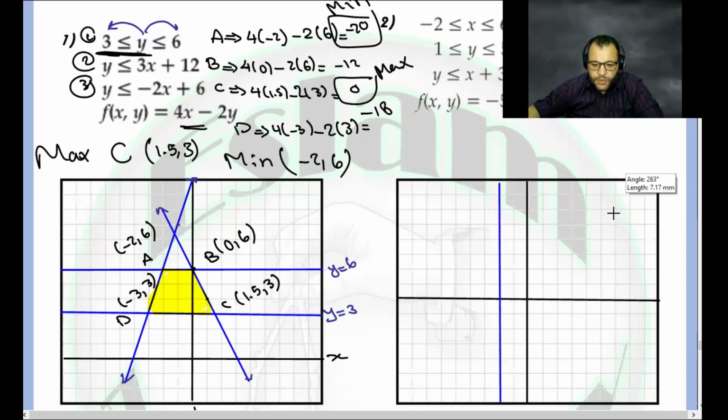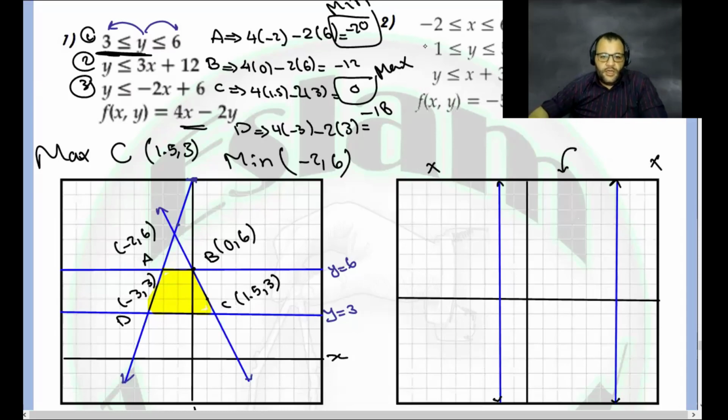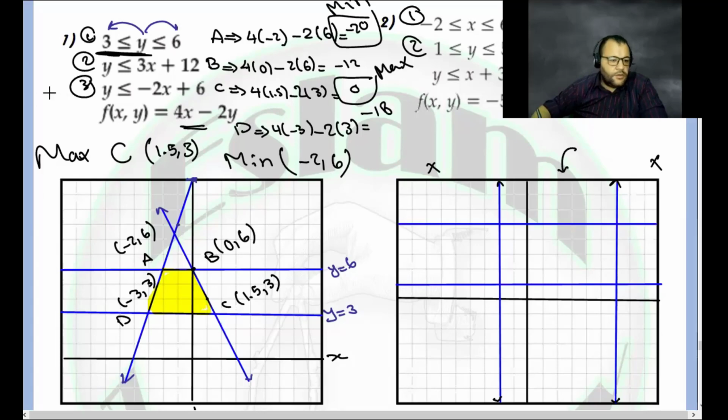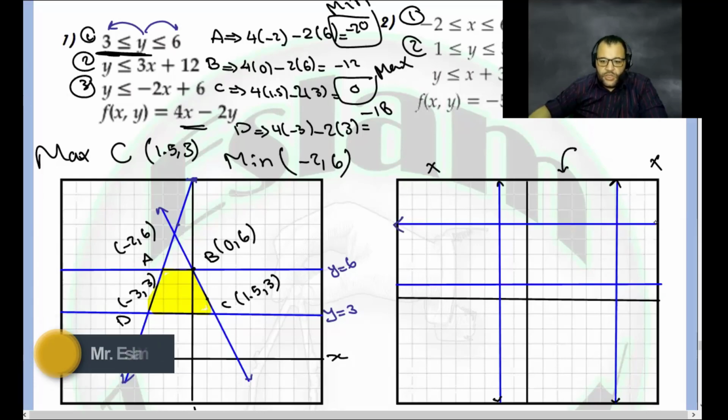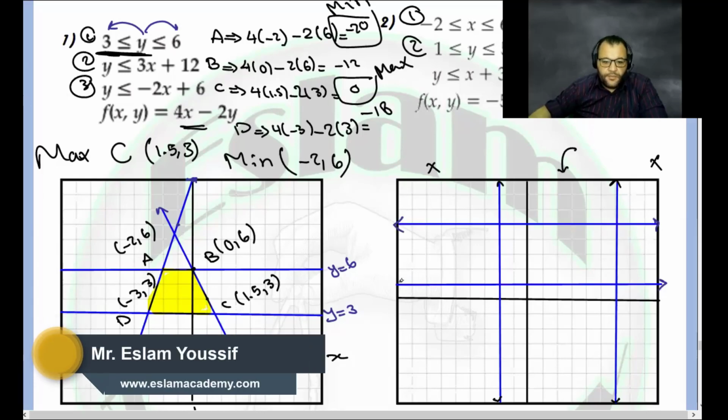The solution will be the part which lies between them. So I will not use this one and that one. For graph number 2, y is greater than 1 and smaller than 5. So we have a horizontal line from 1 and 5. 2, 3, 4, 5. So this would be the second. The solution lies between them, so only this part.